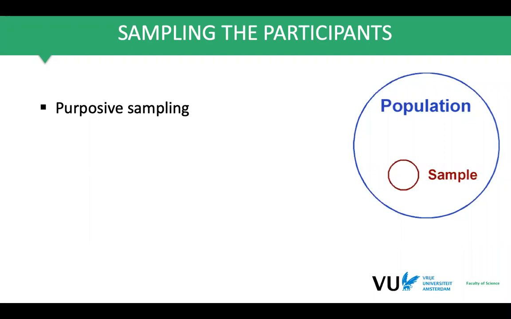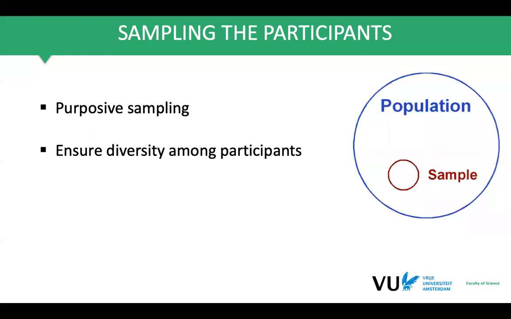The aim in qualitative research is to explore in depth rather than to generalize. You want to have some sort of diversity ensured among your participants. Your participants are a sample of a particular population with those characteristics. So you might want to think of the diversity and see who is represented in your study.